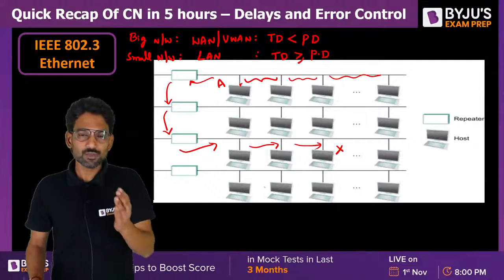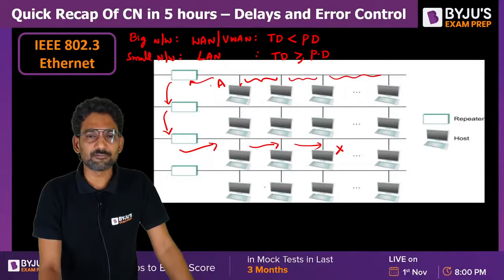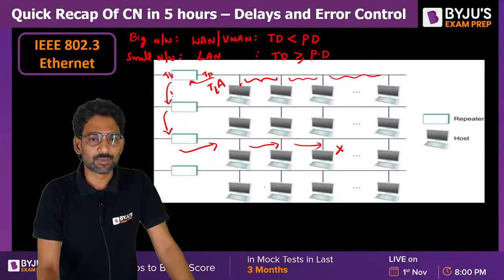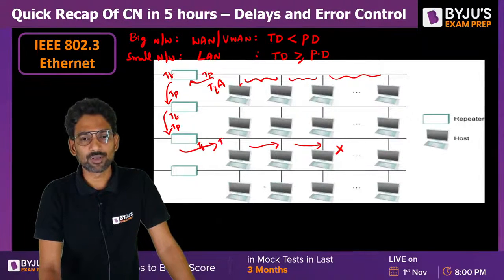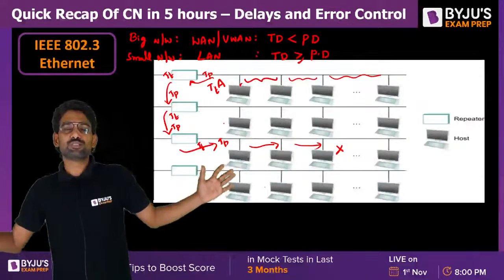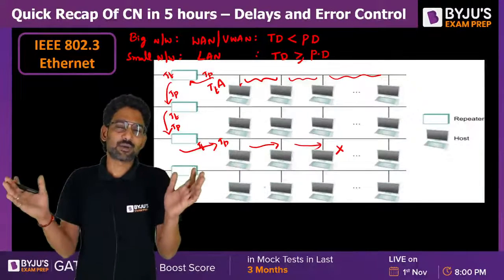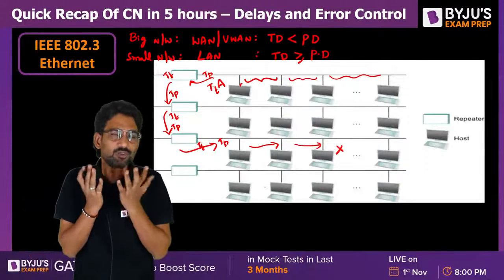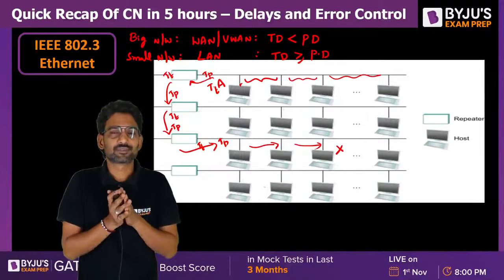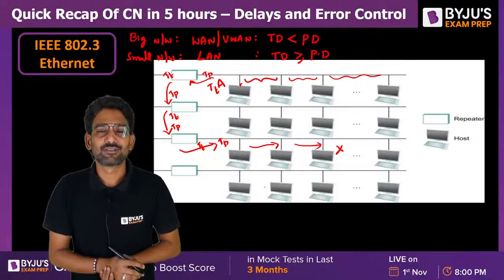Okay, so at every node, transmission delay, propagation delay, transmission delay, propagation delay. So every node has to load, propagate, load, propagate. In this way, you just sum up all the transmission times and all the propagation times. Which will be more? Transmission time will be more.